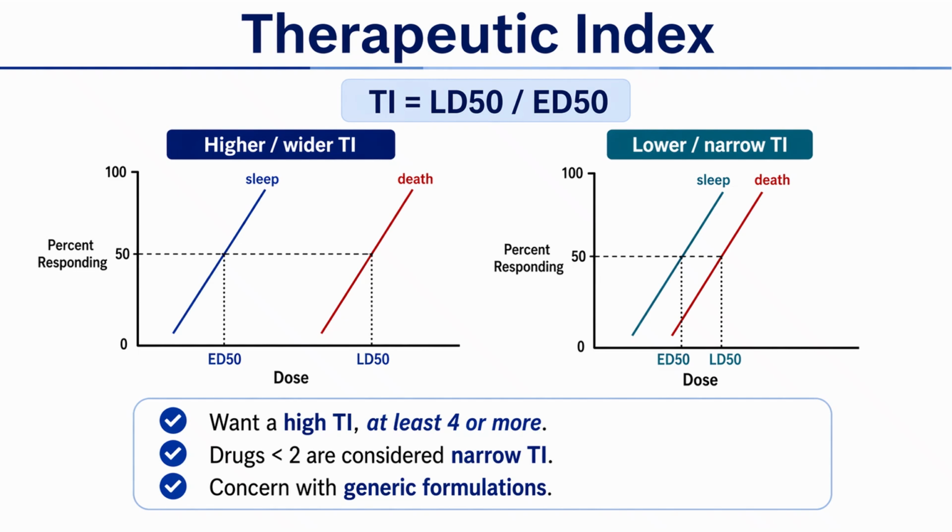But that's, of course, not ideal. Now, the drug represented in the figure on the left is much safer. Notice the effective dose is much further from the dose that's lethal. And take note in our check marks at the bottom, we want a therapeutic index of fourfold or more.